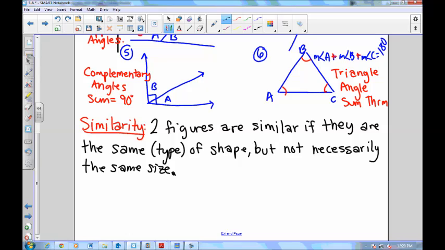The original had 60, 60, 60 for the angles, and then we enlarged it. What were the angles of the large one? 60, 60, 60. So what happened to the angles? They stayed the same, so they were congruent, right? But did the side length stay the same? No.